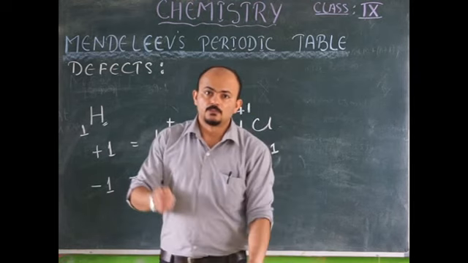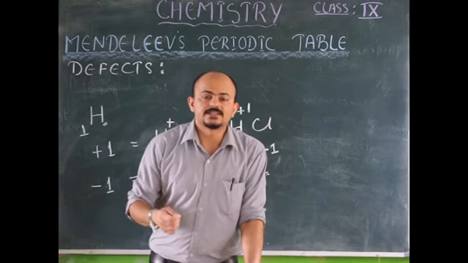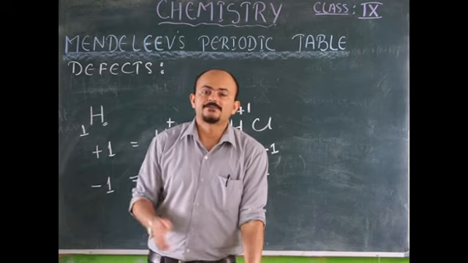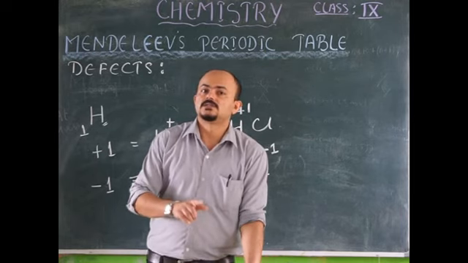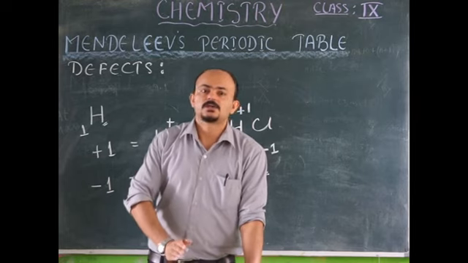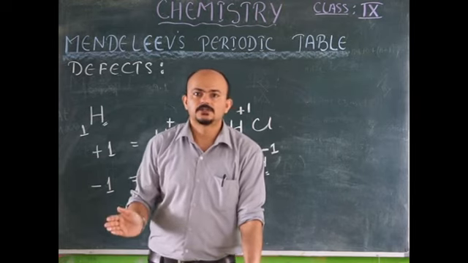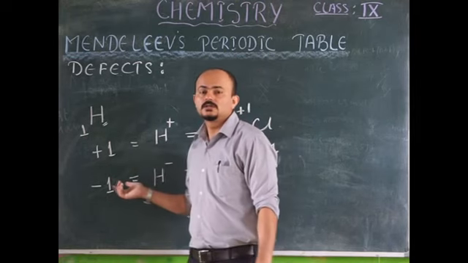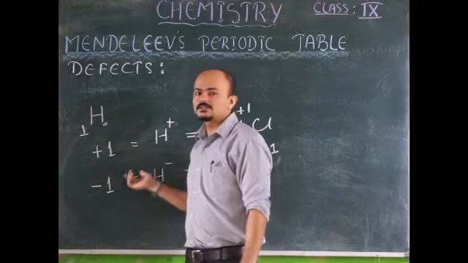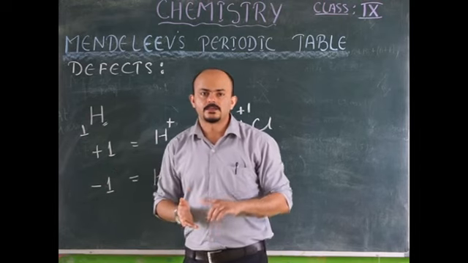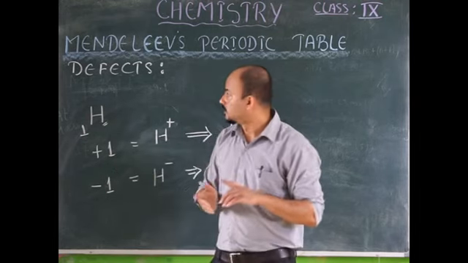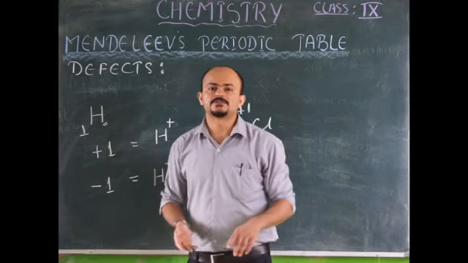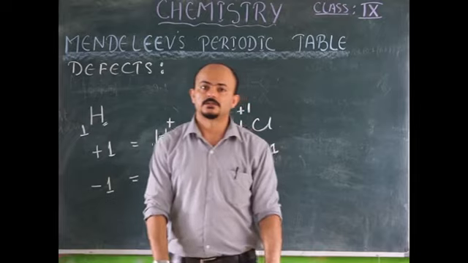Therefore, Moseley gave the new law, the modern periodic law, and based on this we have the periodic table that you see in your book. About this we will be discussing in our next video. Till then, please revise whatever I have been teaching you: the defects, the merits, Mendeleev's periodic law, and the features of Mendeleev's periodic table. Thank you.